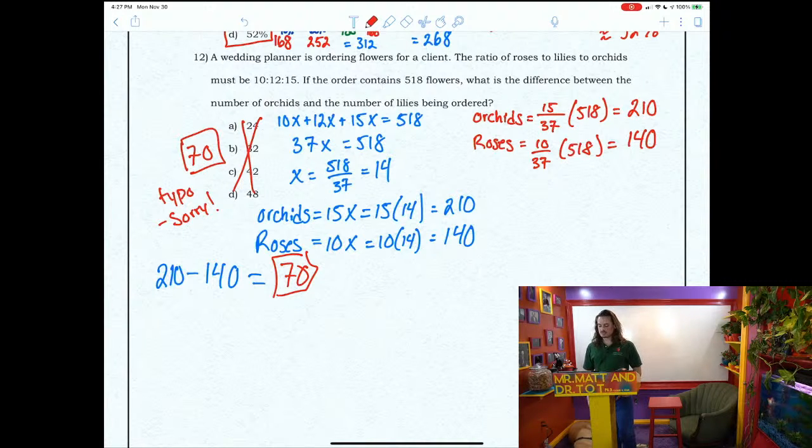Dividing by 37 on both sides, I'm going to find that the common multiple of these ratios is 14. 518 divided by 37 is 14.